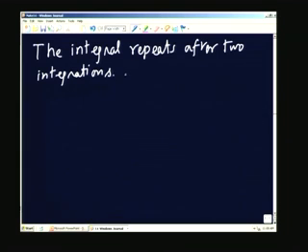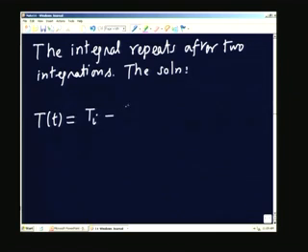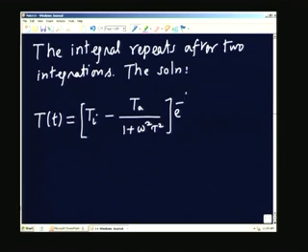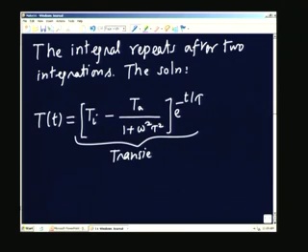So, the solution can be written as (T i minus T a) divided by 1 plus omega squared tau squared, the whole multiplied by e to the power of minus t by tau. We will call this the transient part, just like what we had in the case of a ramp input.